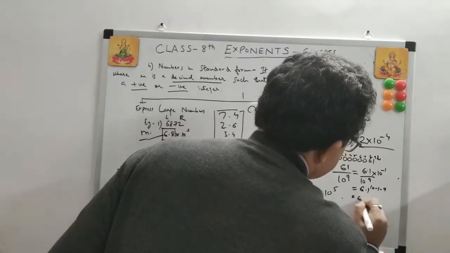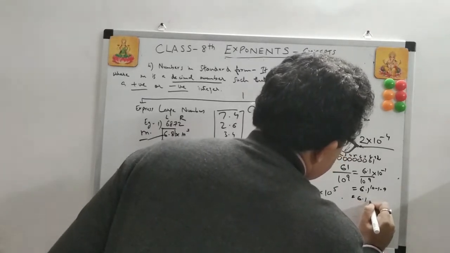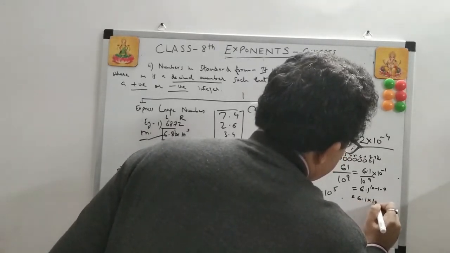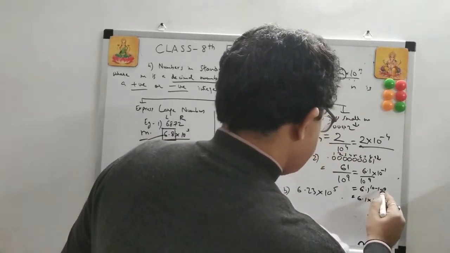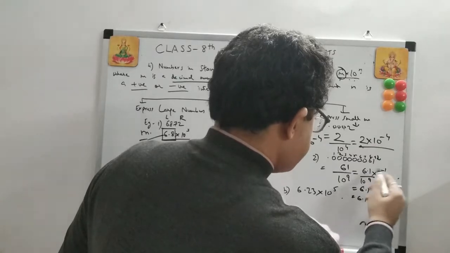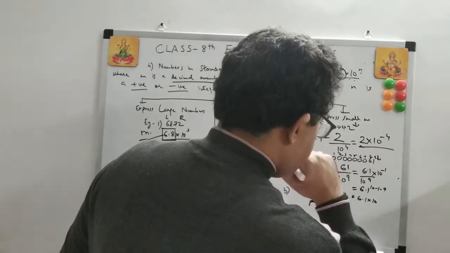This is equal to 6.1 into 10 to the power, this is minus 1 minus 9. Let me take this up.